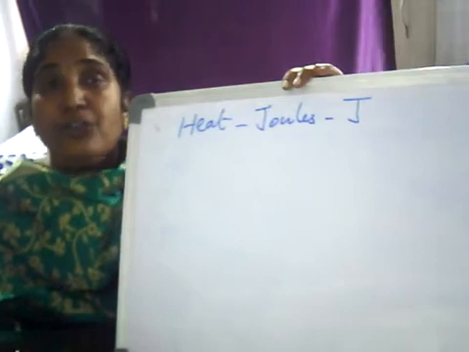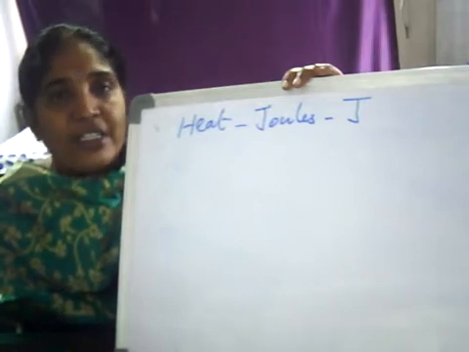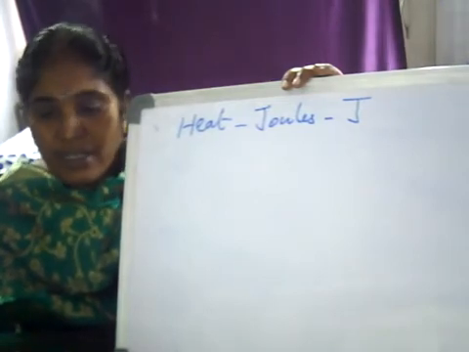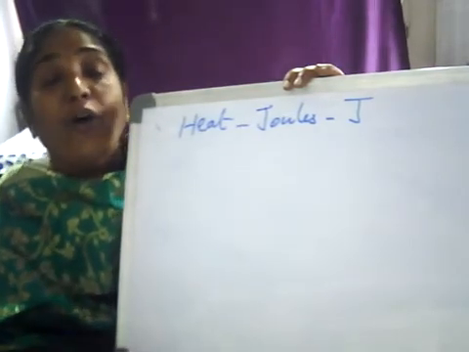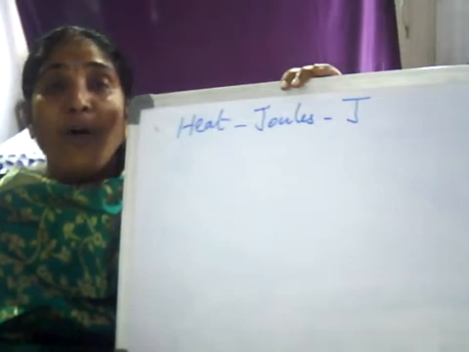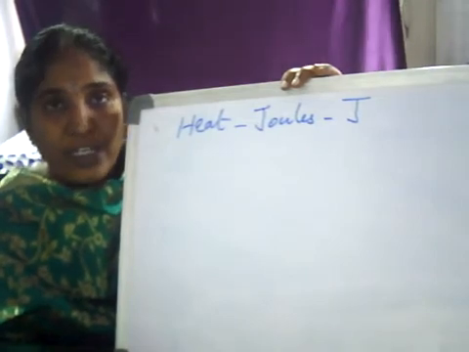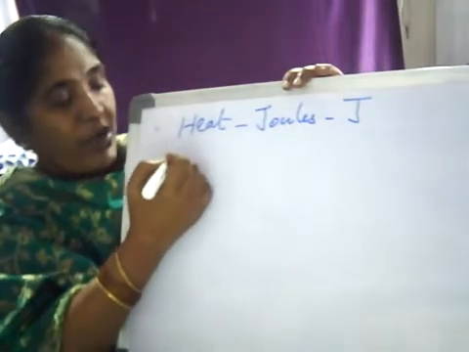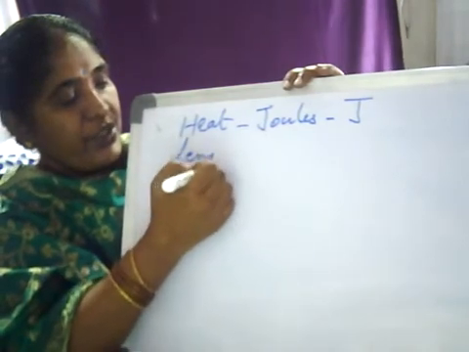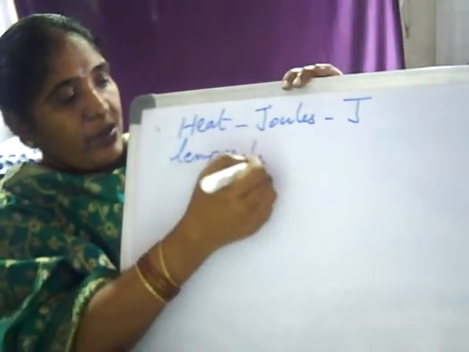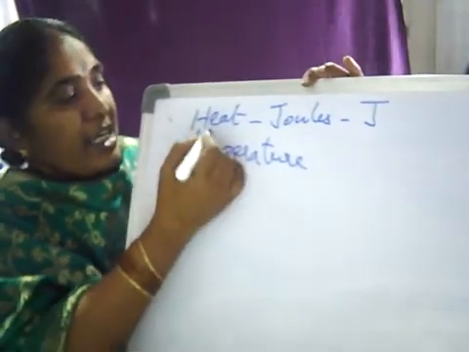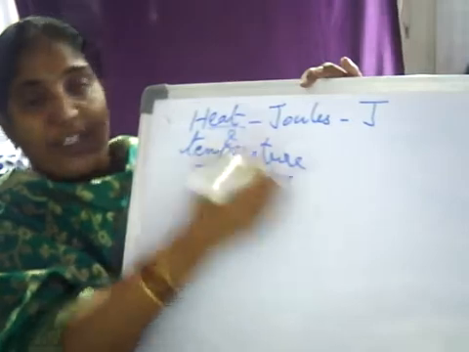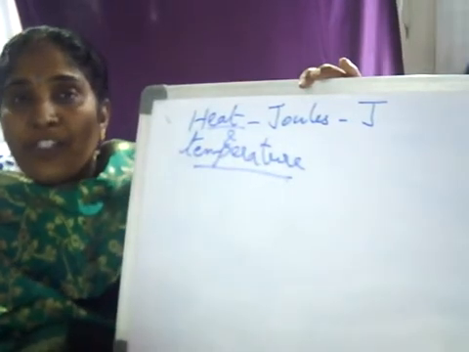No. So, the degree of hotness or the degree of coldness of an object is what we call temperature. So, our today's topic is heat and temperature. Now, how is temperature measured?